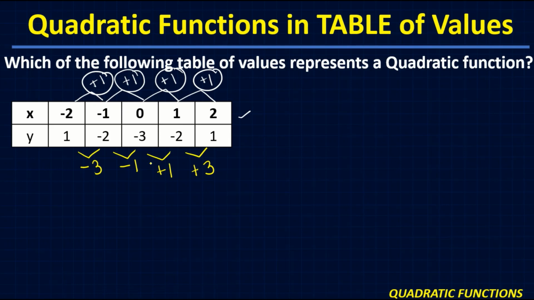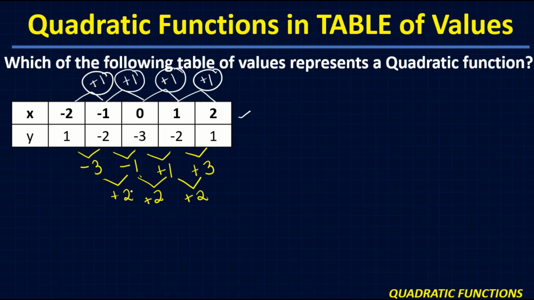Let us check naman doon sa pangalawang set ng differences ng y mula kay -3, -1, +1, and +3. Anong gagawin natin kay -3 to obtain -1? Okay, so we are going to add +2. Okay, and then anong gagawin natin kay -1 to obtain +1? We are going to add 2. Okay, and then also, anong gagawin natin kay +1 to obtain 3? Again, we are going to add 2.